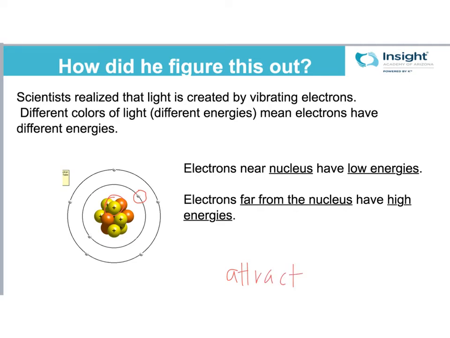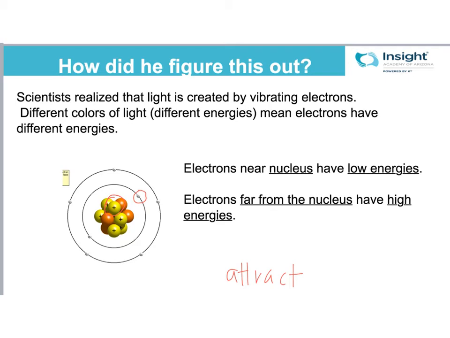Because the electrons and protons attract each other, why do you think the electrons in the closer rings near the nucleus need less energy to be held there than the ones in the farther rings? Try to think that through. Take a second, pause the video if you need more time.